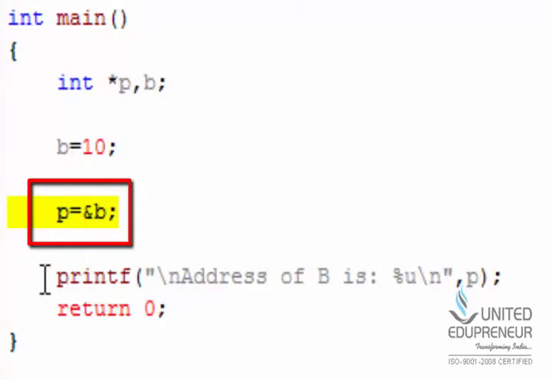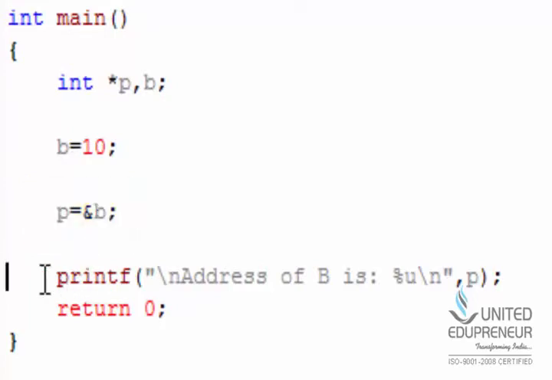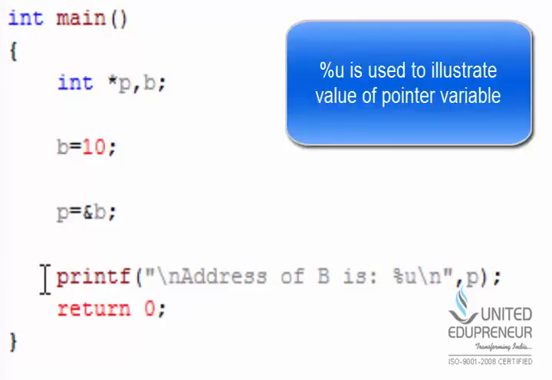Now I want to show the address of b on the screen. I have written printf address of b is %u, from p. %u is used to display a pointer variable.